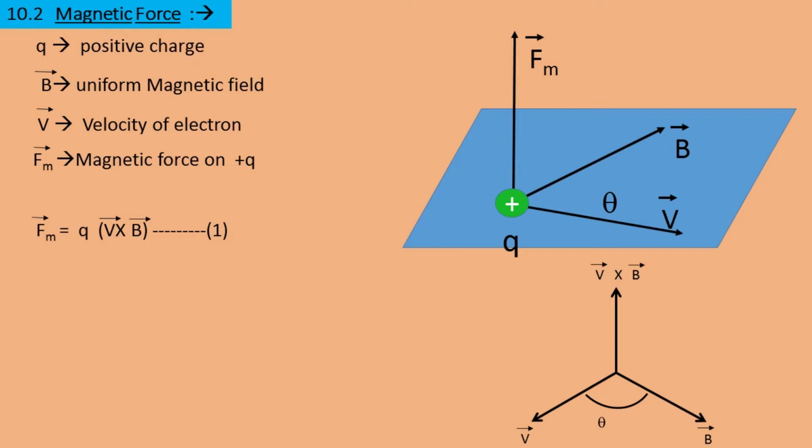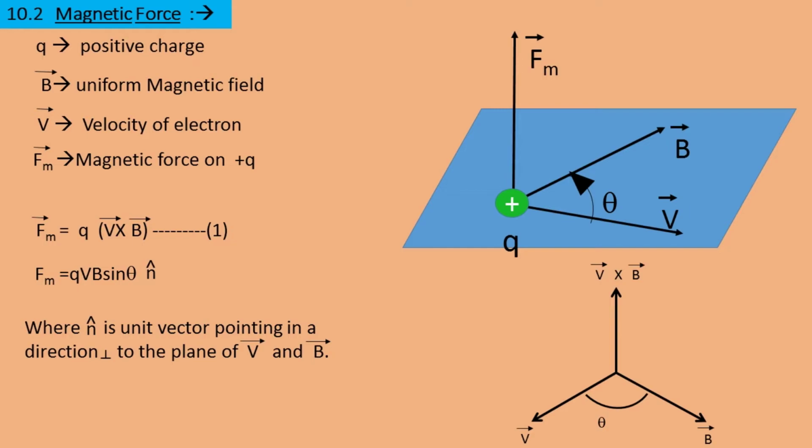Let theta be the smaller angle between V vector and B vector. Therefore, we can write the equation Fm is equal to QVB sin theta into n cap, where n cap is a unit vector pointing in a direction perpendicular to the plane of V vector and B vector.